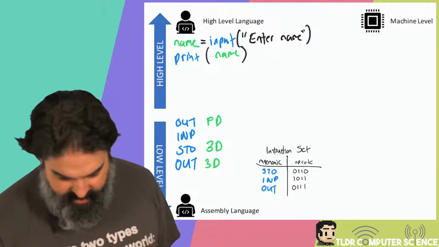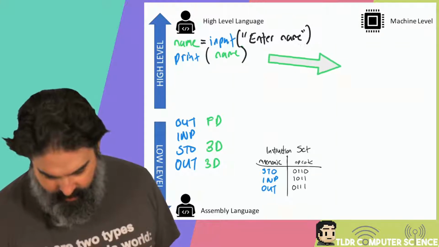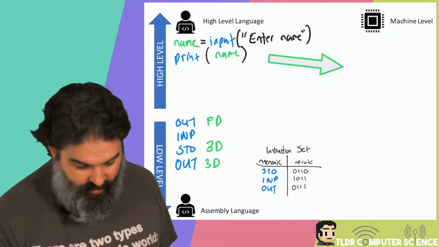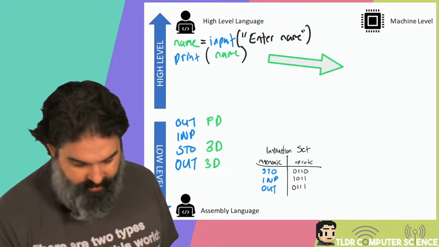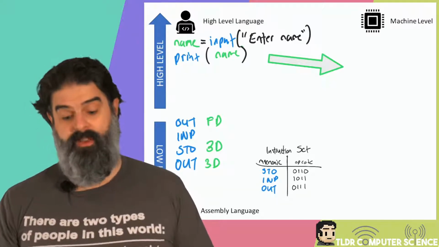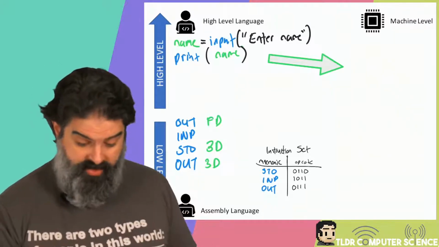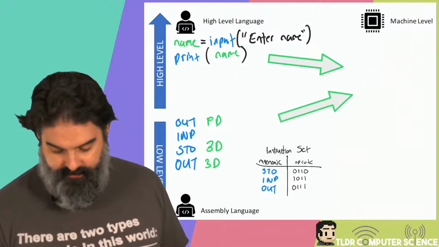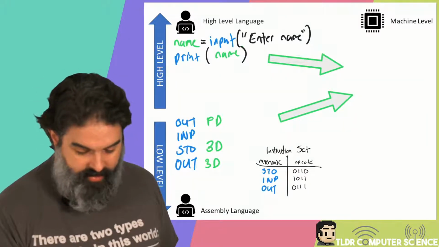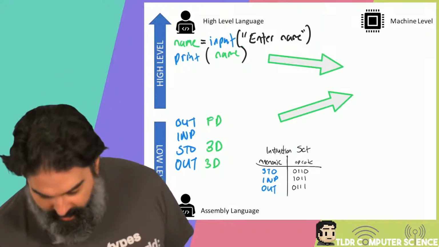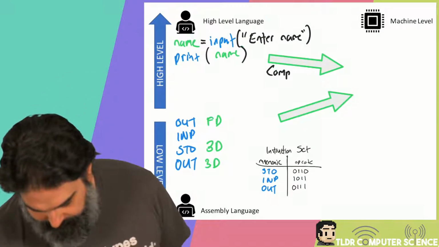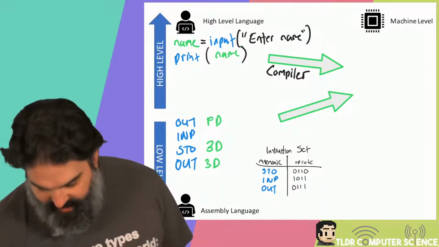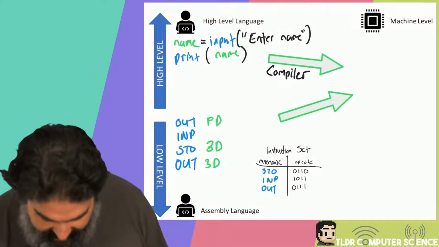There are 2 different ways you can translate for high-level code. One of the ways is something called a compiler. The other way is something called an interpreter.